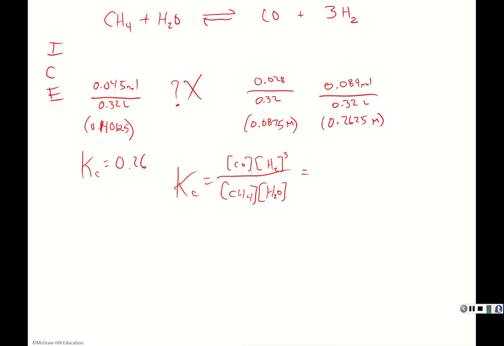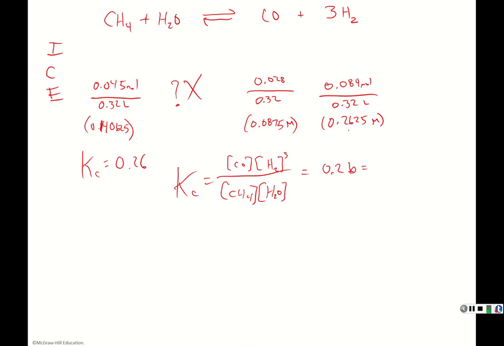Now we can plug everything in except for our H2O concentration. So this is equal to 0.26.